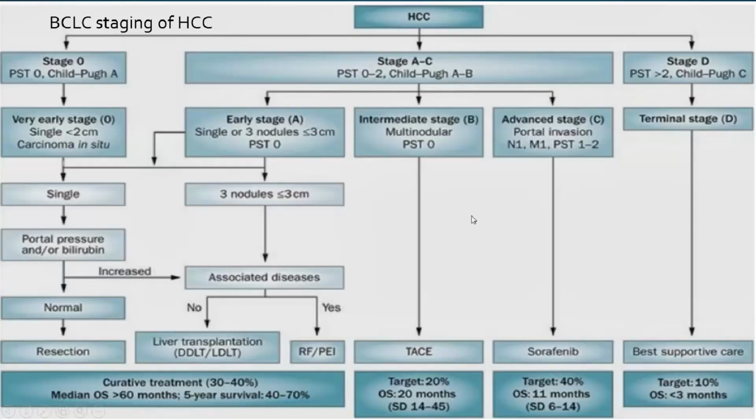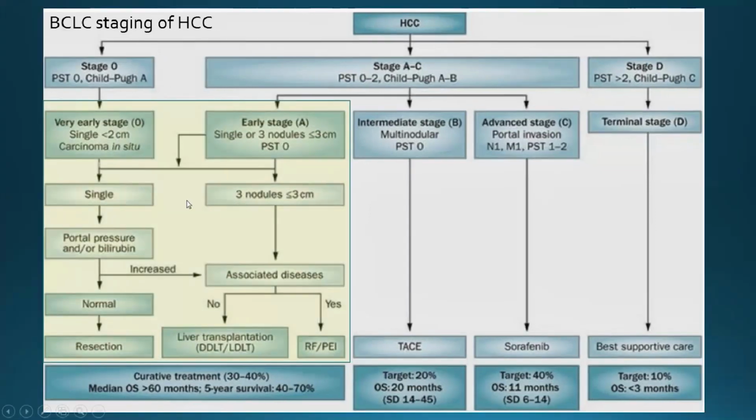Now, if we want to put everything in one table, the best table that is present is the Barcelona Liver Clinic staging for HCC. They have categorized these patients as very low stage, intermediate, and high stage, and based on these criteria, they make decisions about treatment of these patients.